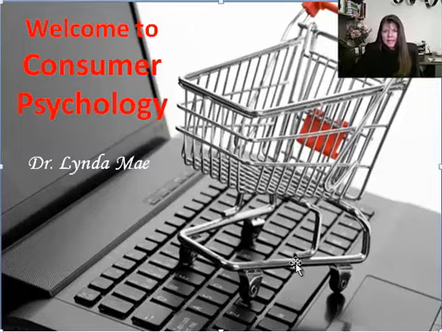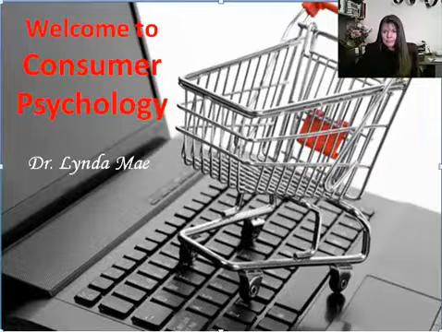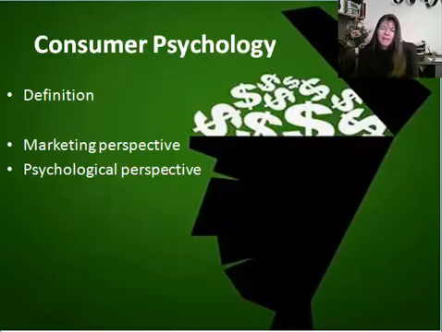So we're going to start here with a formal definition of consumer psychology. What do we mean when we talk about consumer psychology? Those of you who've studied psych know that psychology means the study of human thought processes and behavior.